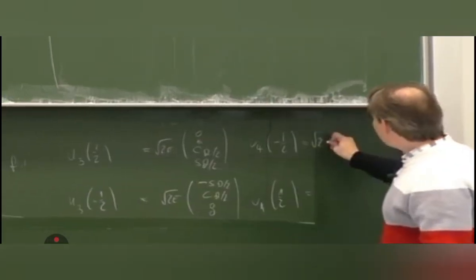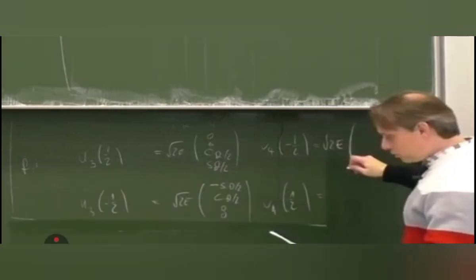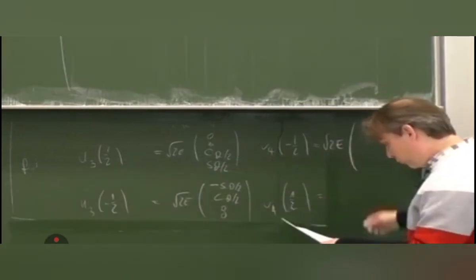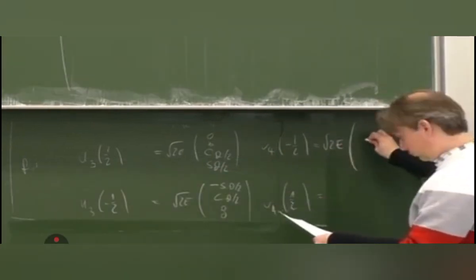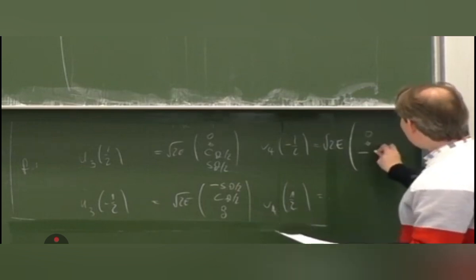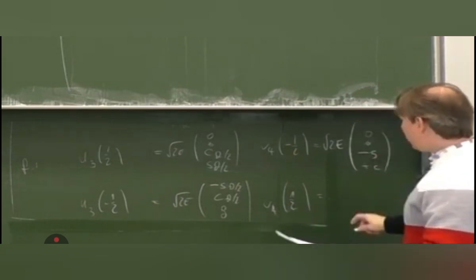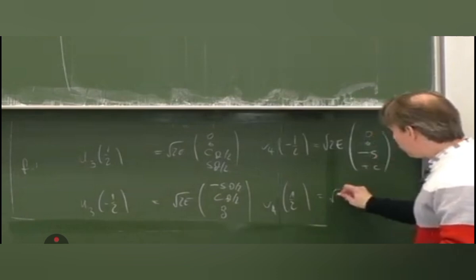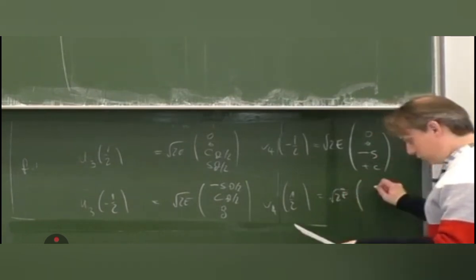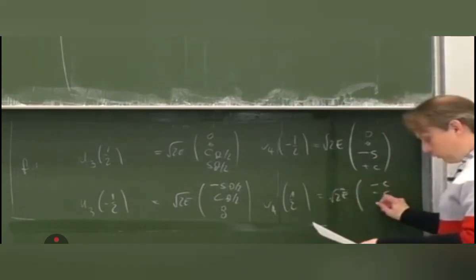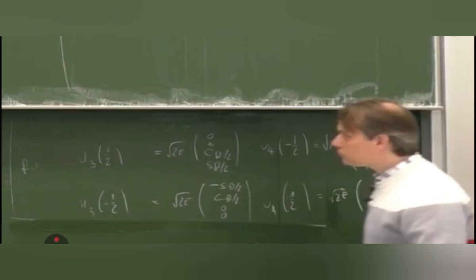So this v4 is probably that, and then 0, 0, minus s plus c. The arguments are always the same. Square root 2E, minus c, minus s, 0, 0. Okay.